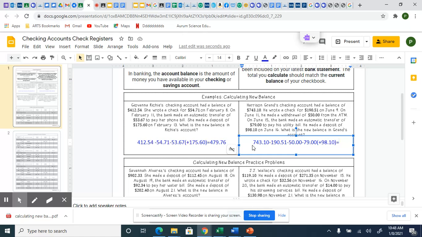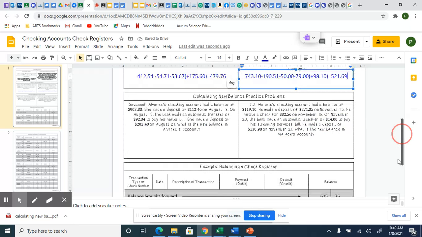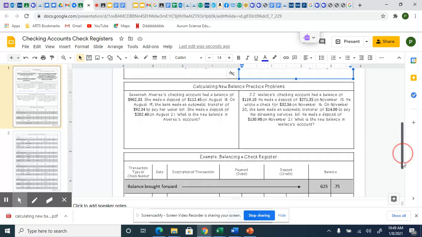So 743 minus 190.51 minus 50 minus 79 plus 98.10 is 521.69. Okay, so there's two more of those that you can do on your own.